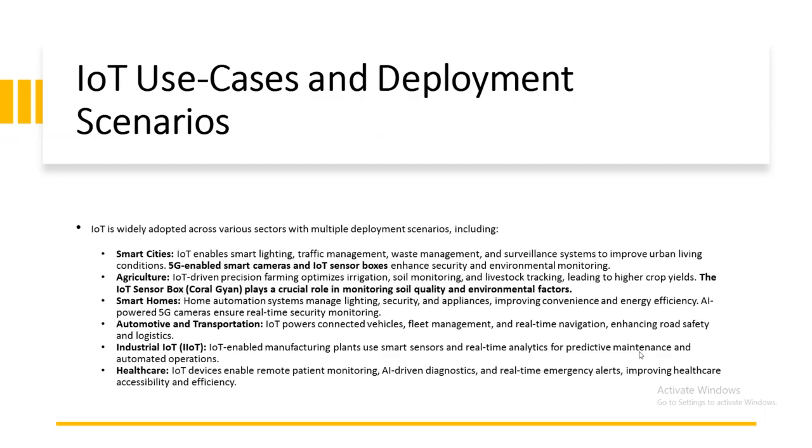Consider that you have the Coral Gyan box, connected via Wi-Fi to a particular farm, and you have deployed your NPK sensor, your LDR sensor, your water sensor, and other sensors, and it is completely monitoring the soil. If a farmer is well versed with the technology and considers all the data coming from Coral Gyan, he can understand what kind of crops are suitable for that soil, and whether that land is fertile or not.